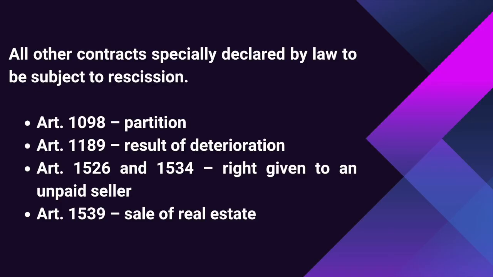And of course, the fifth type, meaning all other contracts that are declared by law as rescissible, like Article 1098 on partition, 1189 on results of deterioration, 1526, 1534, the rights given to an unpaid seller, and 1539, sale of real estate. Now, apart from the 5, actually under 1381, you also have the 6th type.